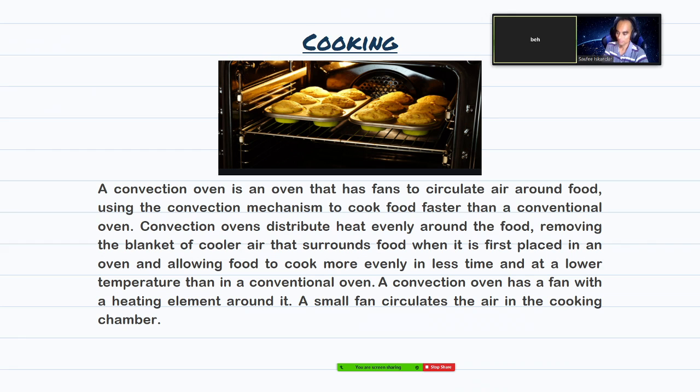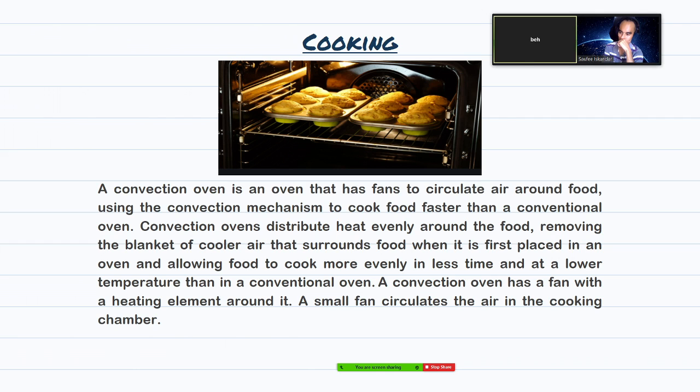Next. So, about cooking. A convection oven is an oven that has fans to circulate air around food, using the convection mechanism to cook food faster than a conventional oven.